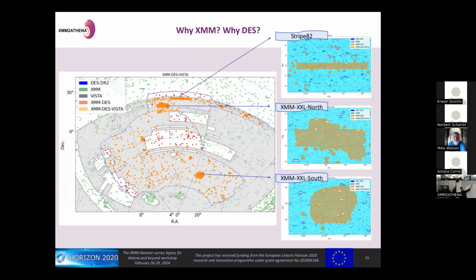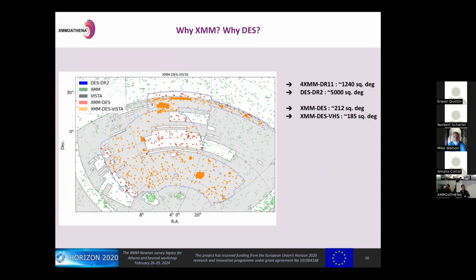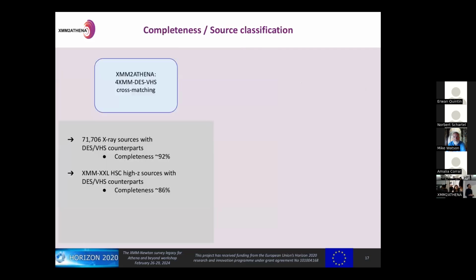And this field actually includes all the three big homogeneous X-ray fields, the XMM XXL both fields, plus the Stripe 82. And if we do all the maths with the catalogs and all of this, we end up with almost 200 square degrees with deep DES optical photometry and VHS data.